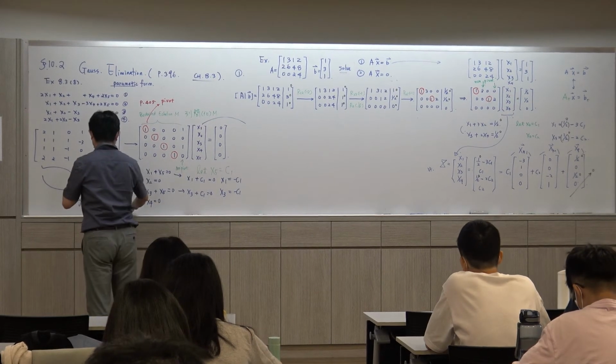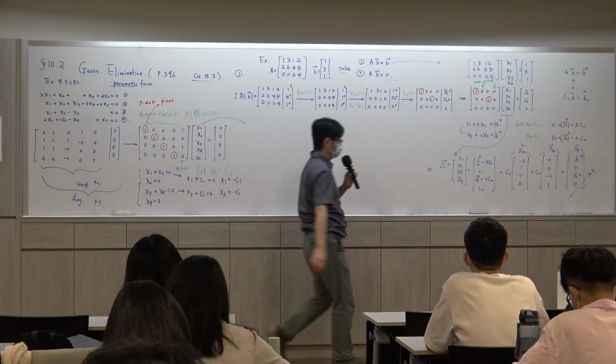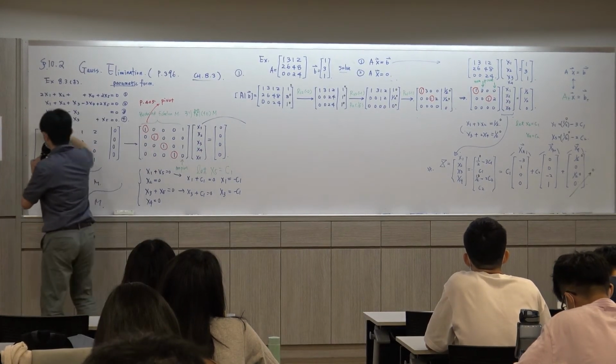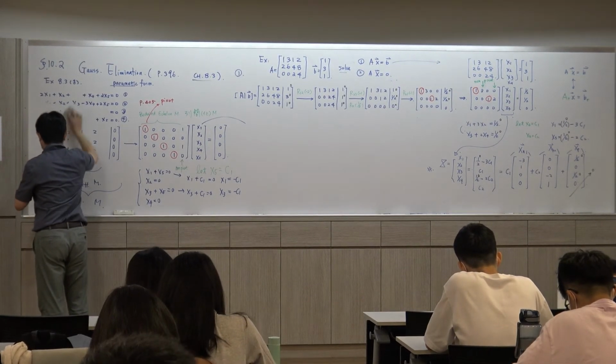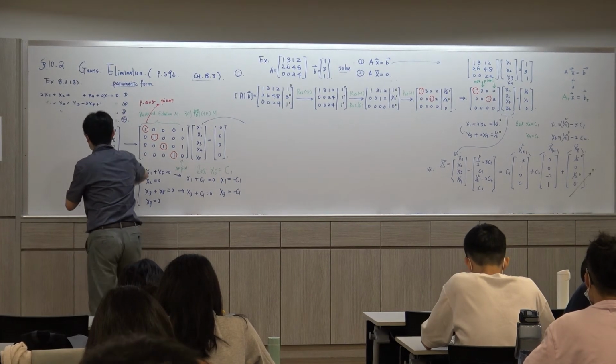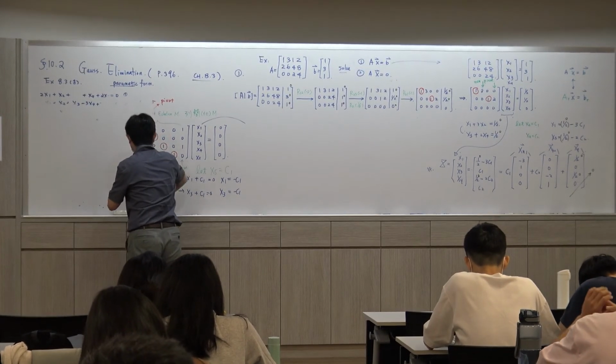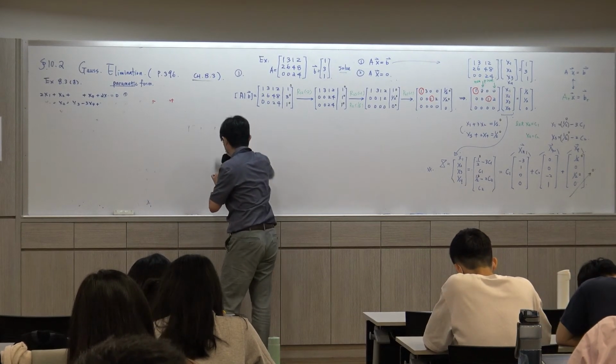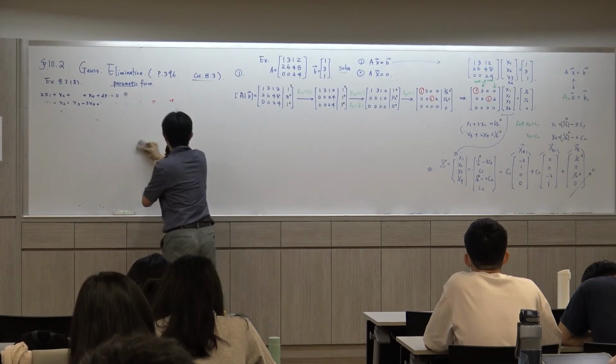Okay, let's move on to the other issue. It's called Cramer's rule. We also mentioned this in chapter 3. In chapter 3, we called it the Wronski. In this chapter, okay.